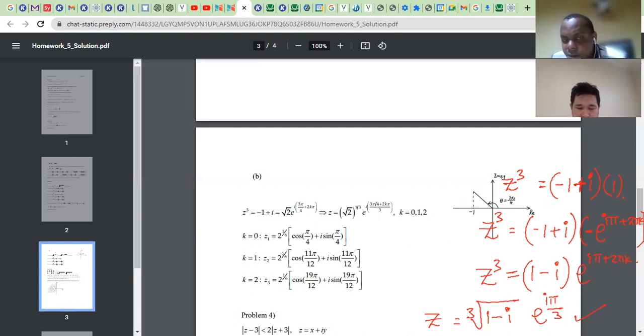Why did he do 3 pi over 4? When k is 0, we're finding z1, which is 2. How did he get 2?